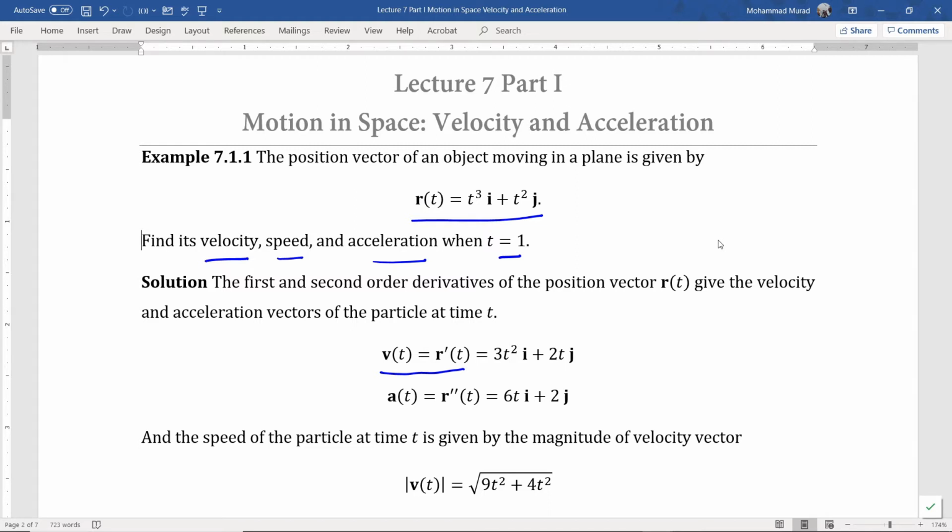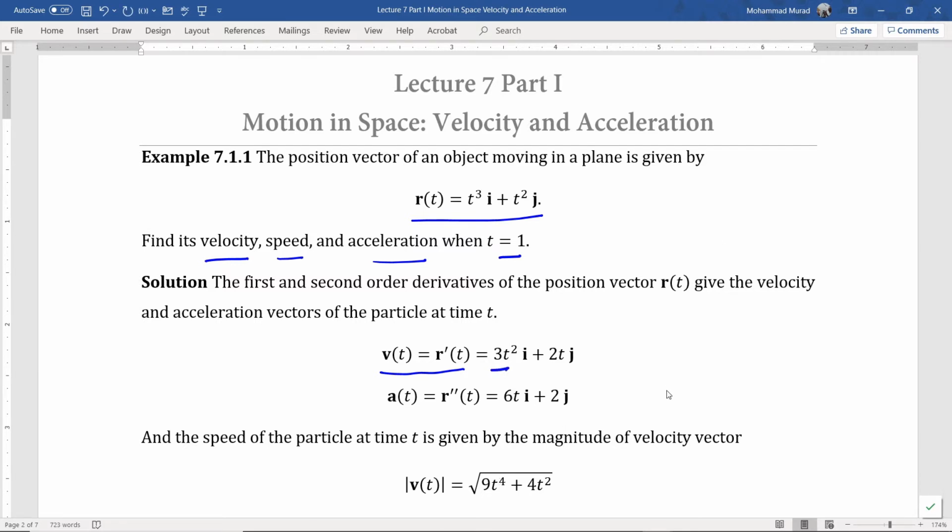Similarly, the acceleration of the particle at time t is given by the second derivative of the position vector, or the first derivative of the velocity vector. Therefore, it has the components 6t and 2.